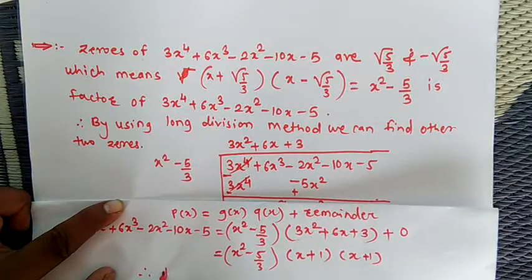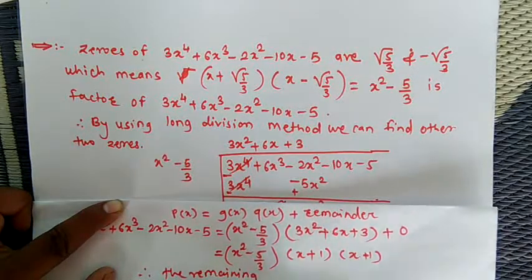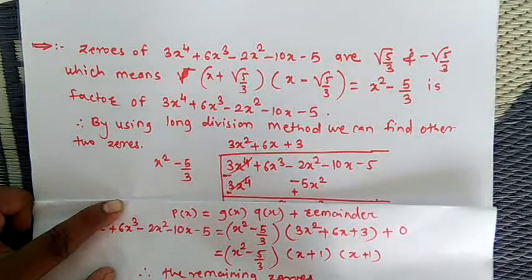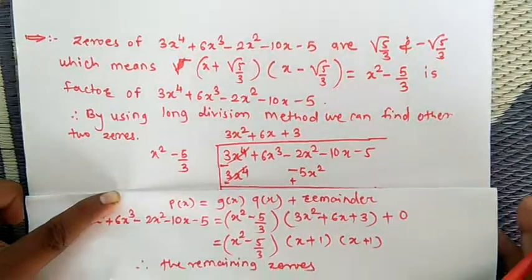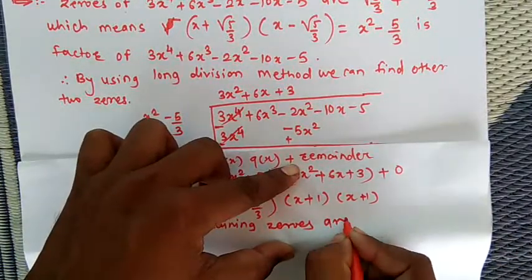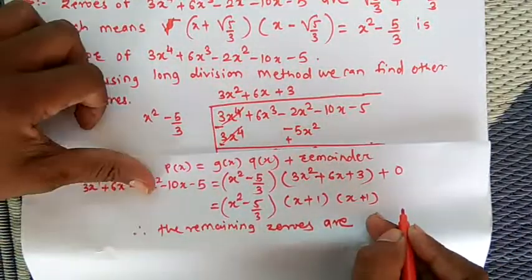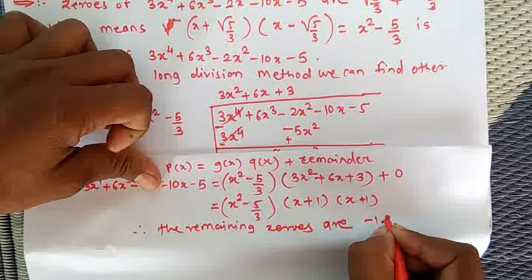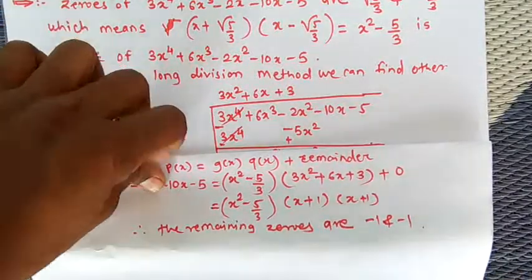Therefore the remaining zeros are minus 1 and minus 1.